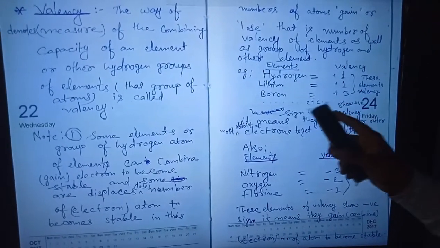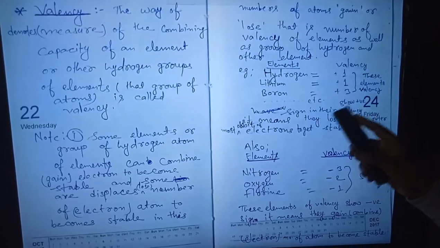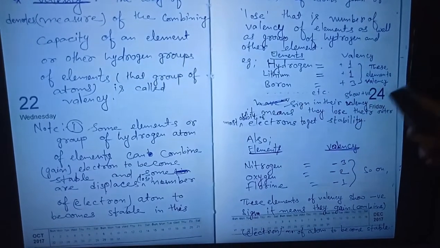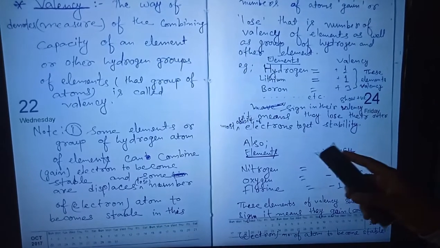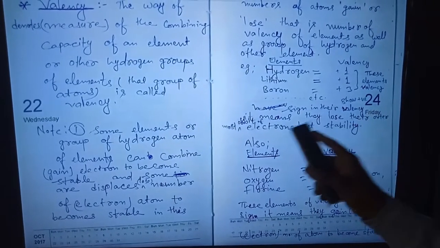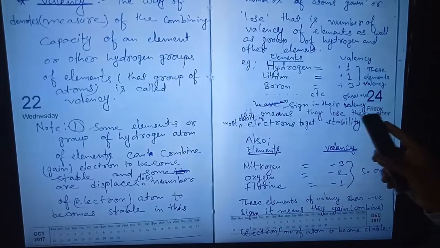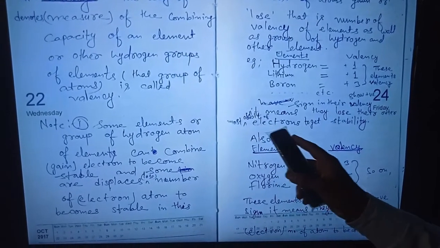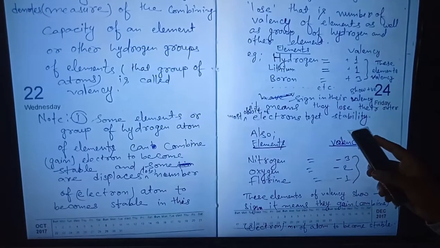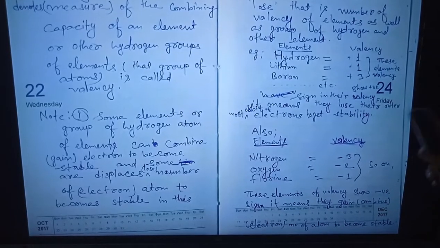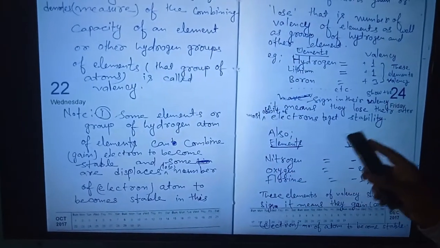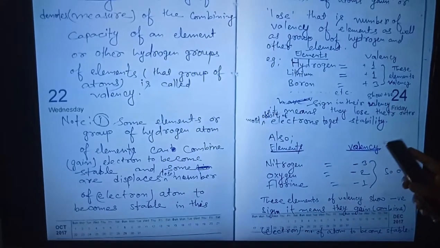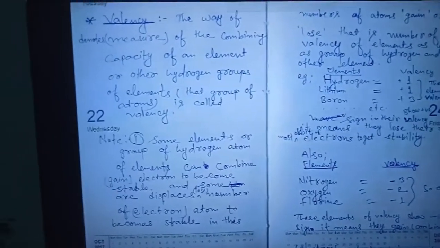Hydrogen 1, lithium plus 1, boron plus 3. These elements show a positive sign in their valency. The positive sign means that the outermost electrons get lost to gain stability.